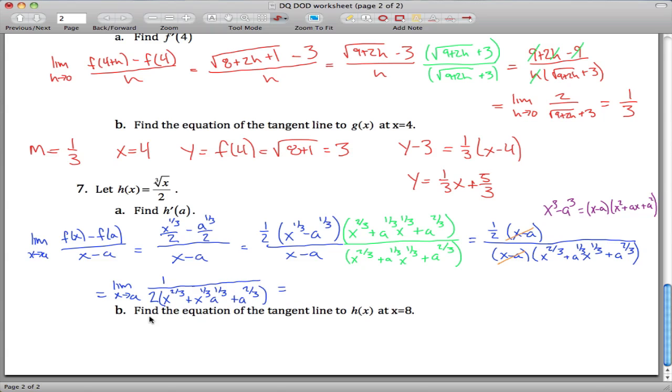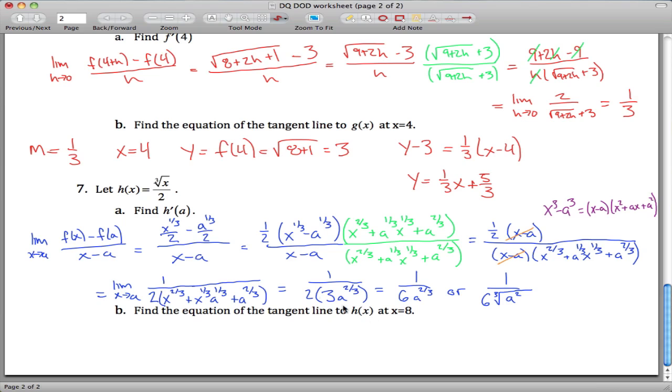And we can evaluate this limit, turn all the x's into a's, and what you get is 1 divided by 2 times a to the 2/3 plus a to the 2/3 plus a to the 2/3, 3a to the 2/3. In other words, we get 1 over 6a to the 2/3 power, or 1 over 6 times the cubed root of a squared. Wow.